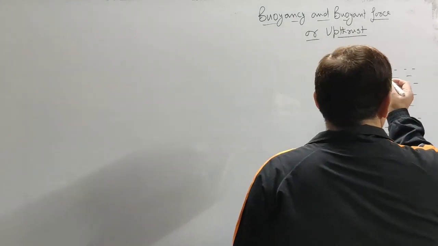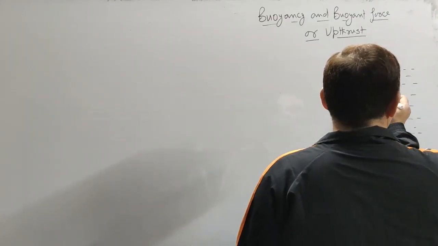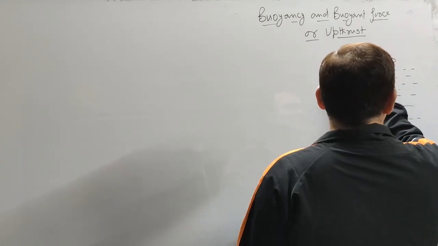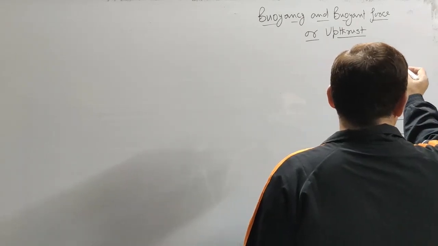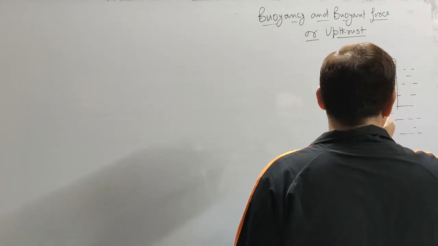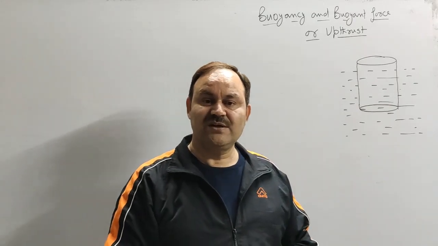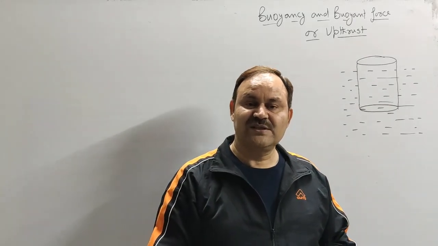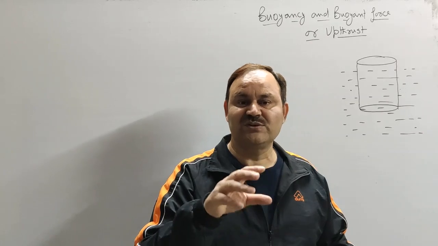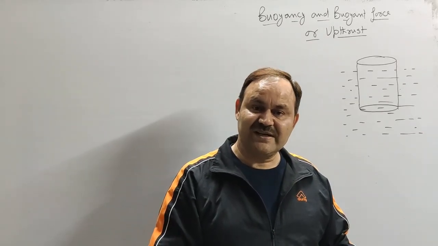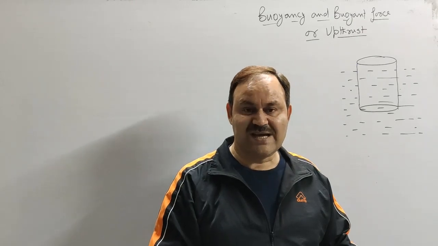Say, here we have placed a body within a fluid. When we place a body over the surface of a fluid, then due to its own weight, the body will penetrate into the fluid and create a space for itself within the fluid.